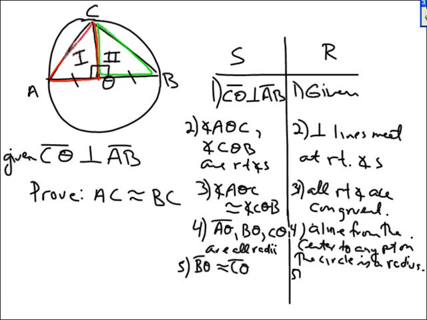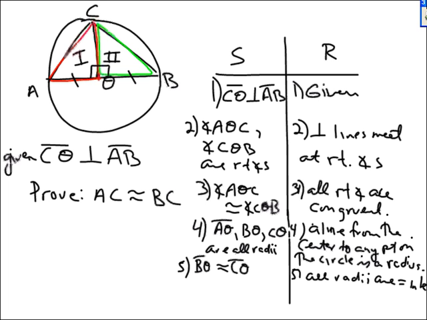Okay, now all radii are equal. All radii of a given circle are equal in length.